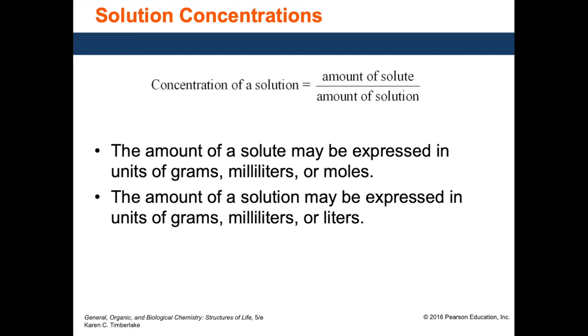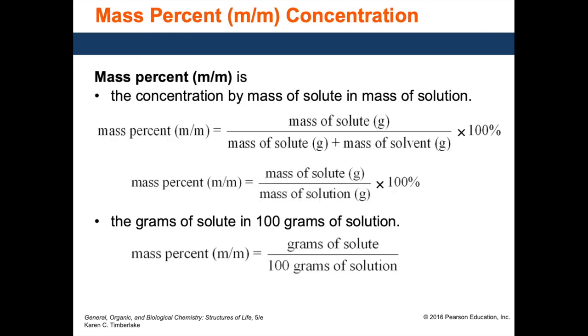So we're going to look at different ways that we can describe or define our concentration. And you'll see that there are times some of these might be more useful to us as chemists, particularly the one where we're going to define our amount of solute in moles.